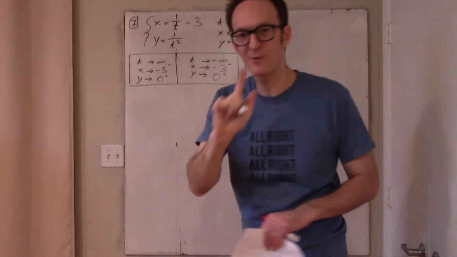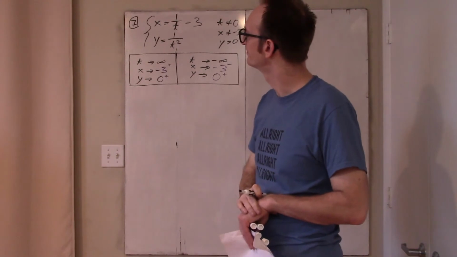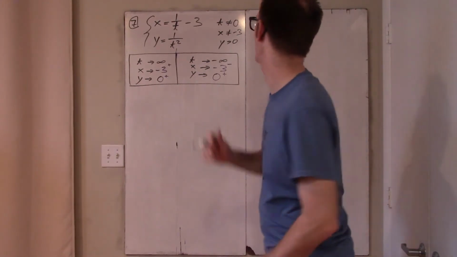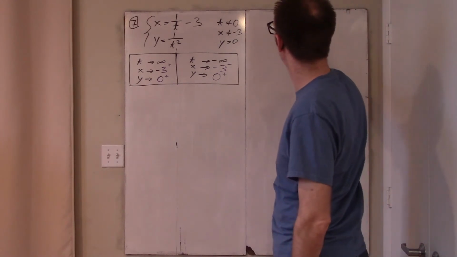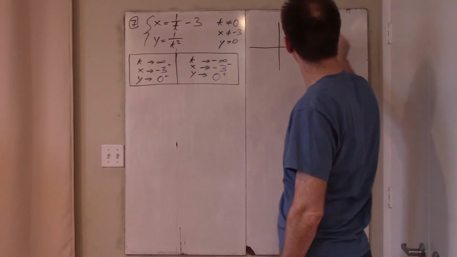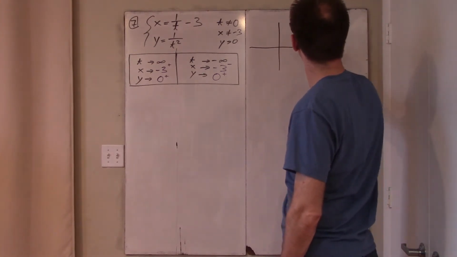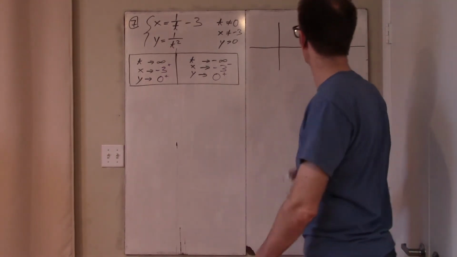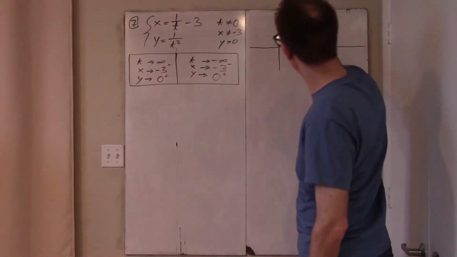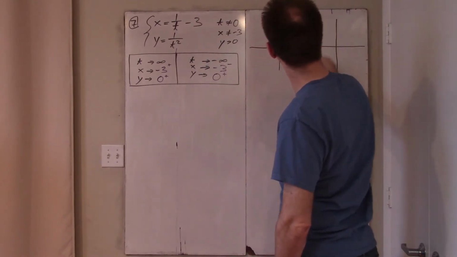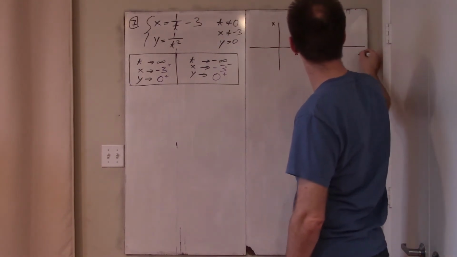Actually, wait, hold on, I forgot one thing. Okay, so I'll finish my thought. My thought was that potentially you might find everything we've just done easier if you made a graph of what happens to the x-coordinate and a graph of what happens to the y-coordinate.